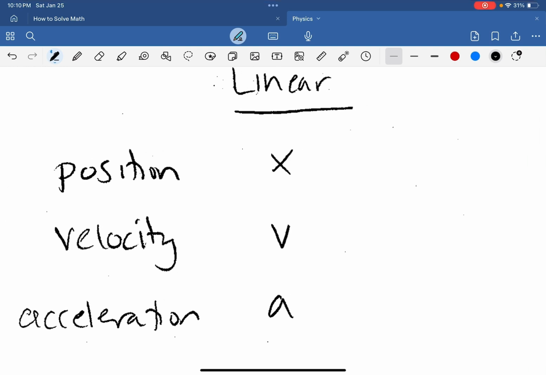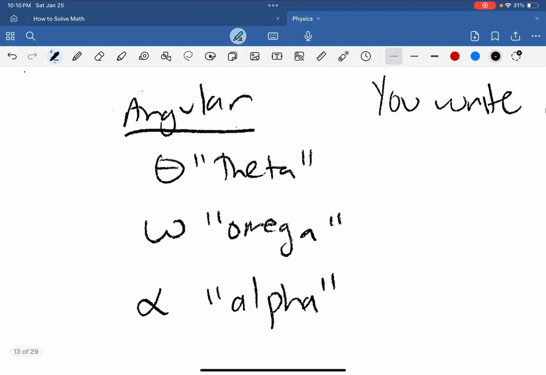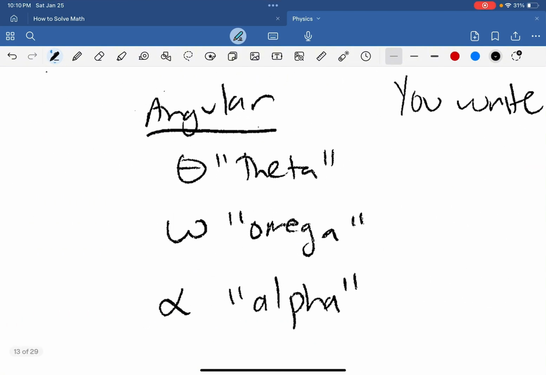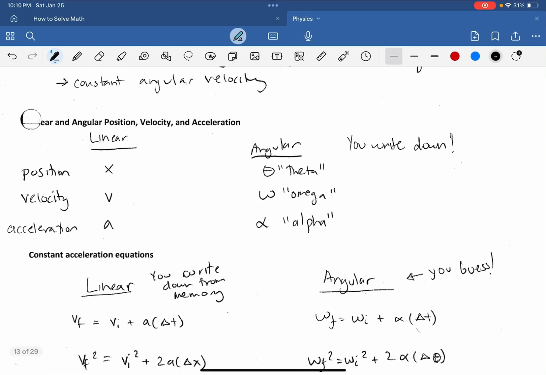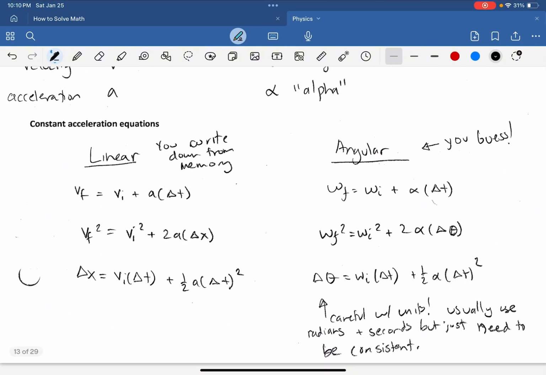You see our linear position is x, our linear velocity is v for velocity, and our linear acceleration is a. Now let's go over here to angular. Our angular position is theta, our angular velocity is omega, and our angular acceleration is alpha. And this is super important.